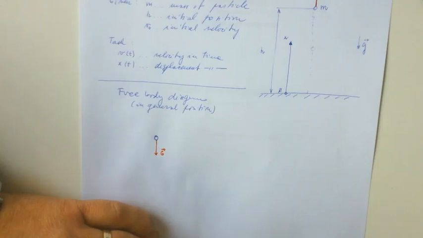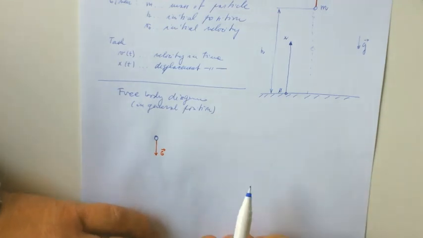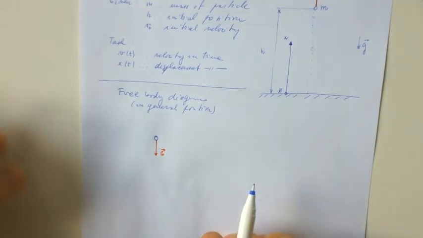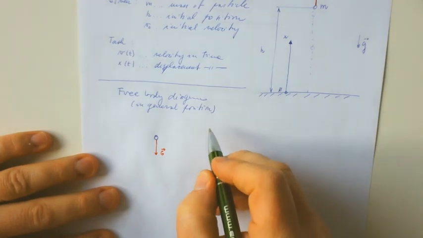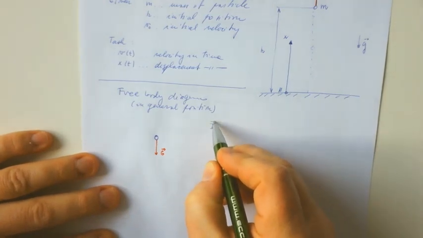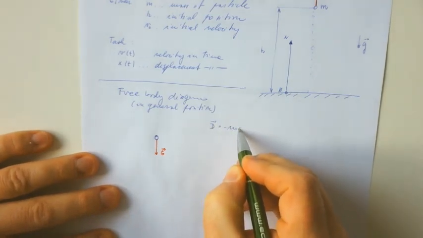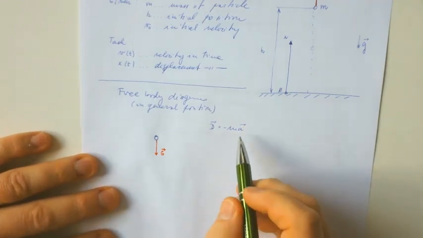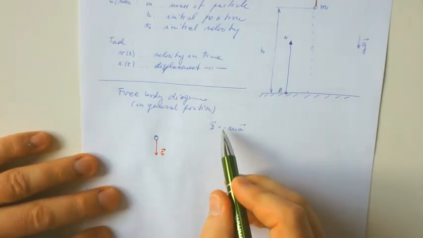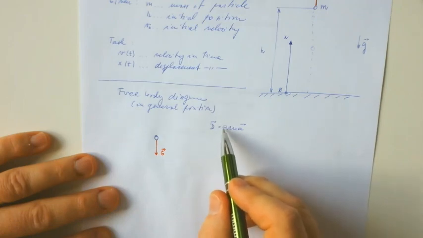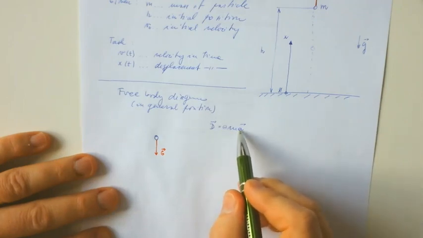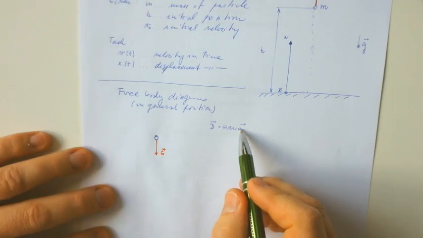And second, it is an inertia force, the so-called D'Alembert force. The definition of the D'Alembert force is that D is minus m by a. So the direction of this force is against positive values of acceleration.